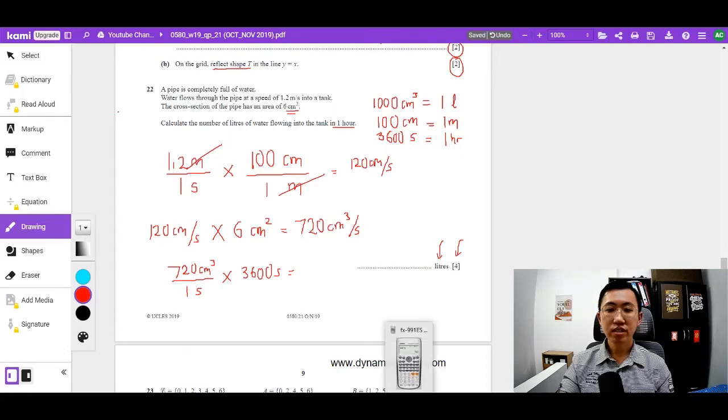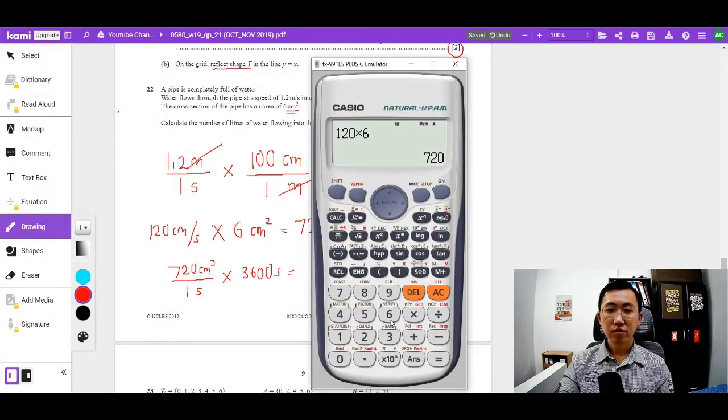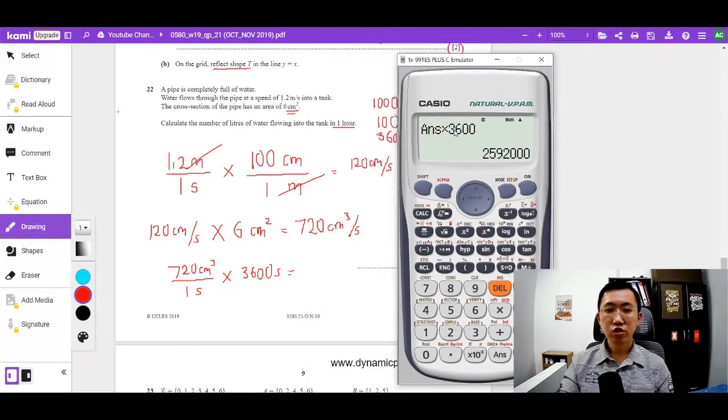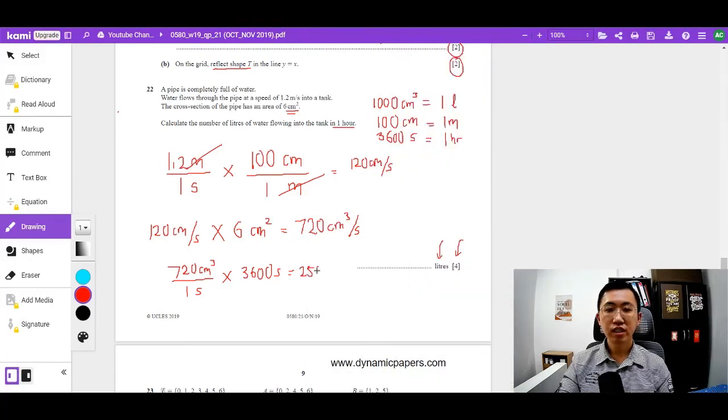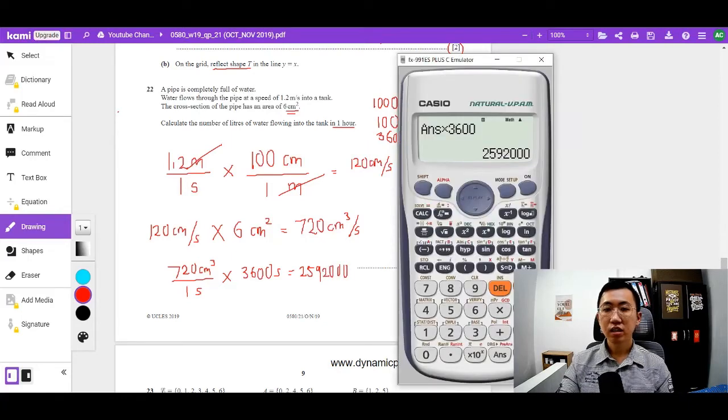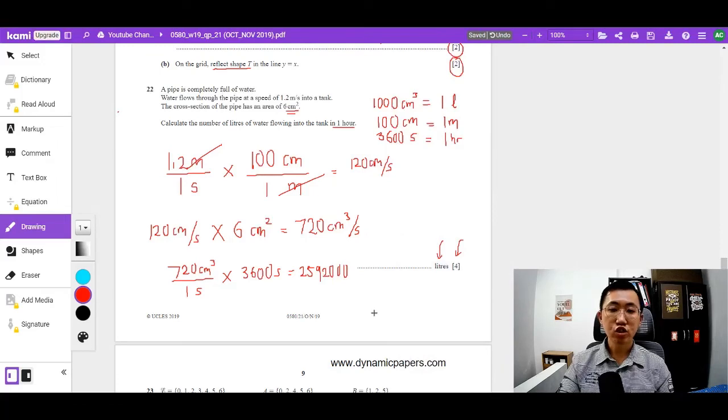So what is this? 720 multiply with 3,600. Okay, a big number. So teacher is going to copy, 2592000, right? 2592000. Check again. Correct. So this is how much centimeter cube flowing in, in 1 hour.